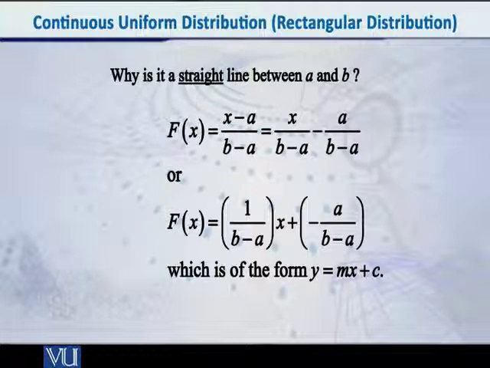So this is why we are getting an exact straight line for that part of the x-axis. This whole discussion, my dear students, pertains to the continuous uniform distribution.